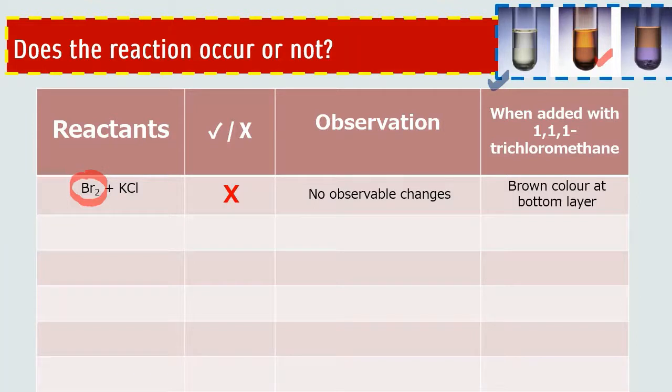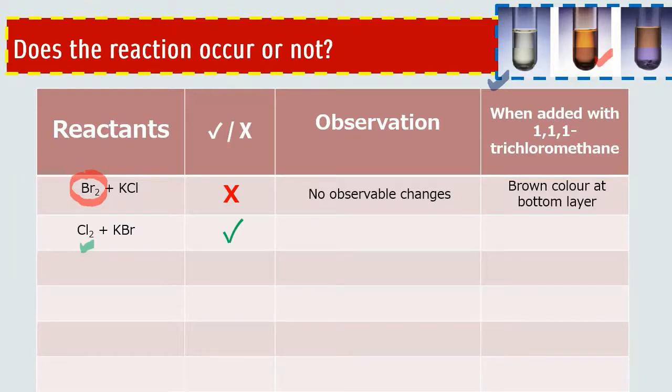Now we move to the second reaction, which is between chlorine water and potassium bromide. Yes, in this reaction, the halogen added into the solution is the more reactive halogen. Chlorine water is a better oxidizing agent and will receive the electrons. Therefore, this displacement reaction will occur.